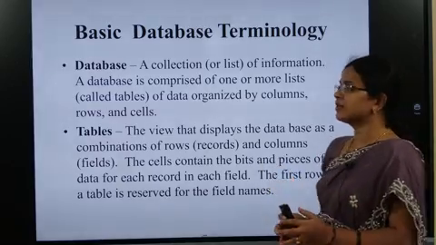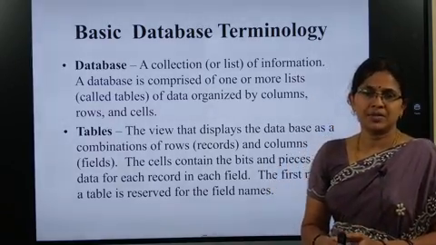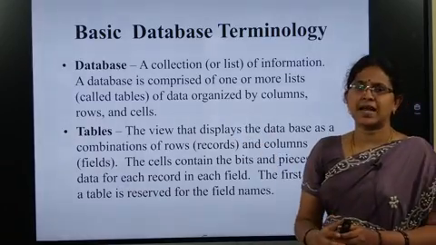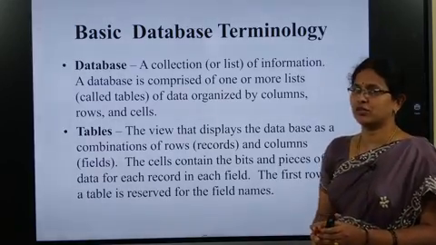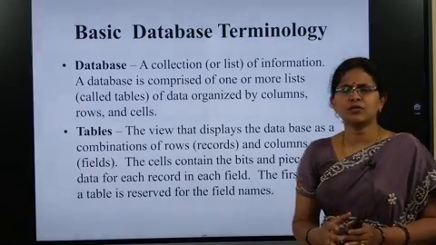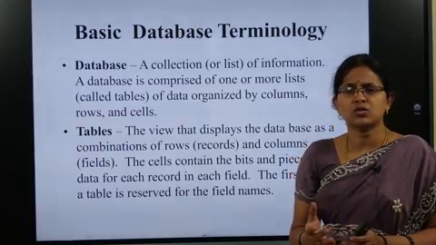Here we have some basic terminology related to DBMS, database management systems. First, what is a database exactly? A database is nothing but a collection of information. Generally the information comprises tables, figures, facts and so on.